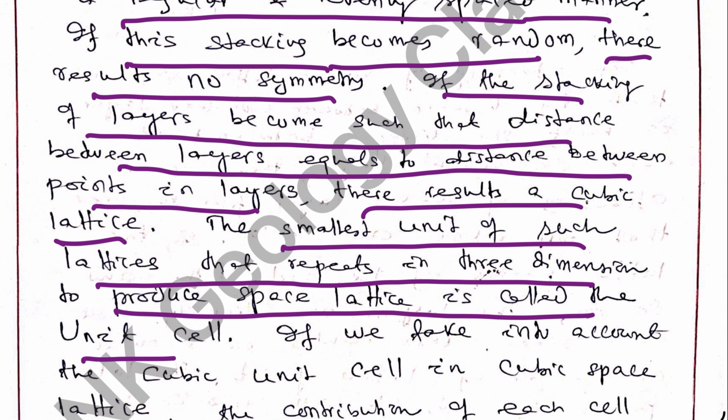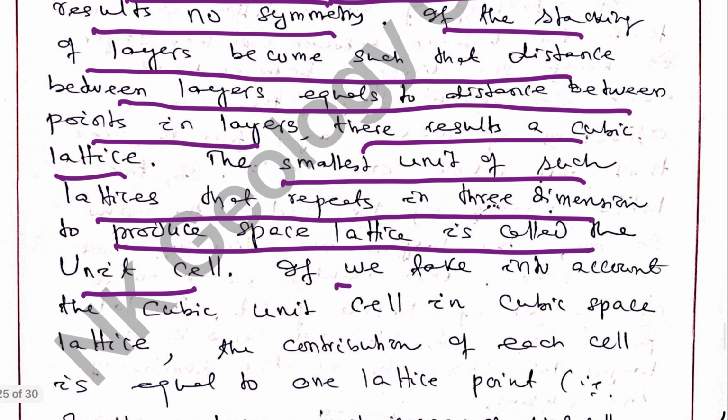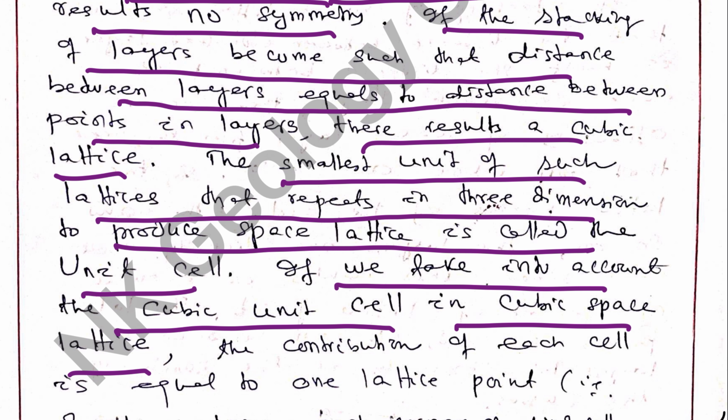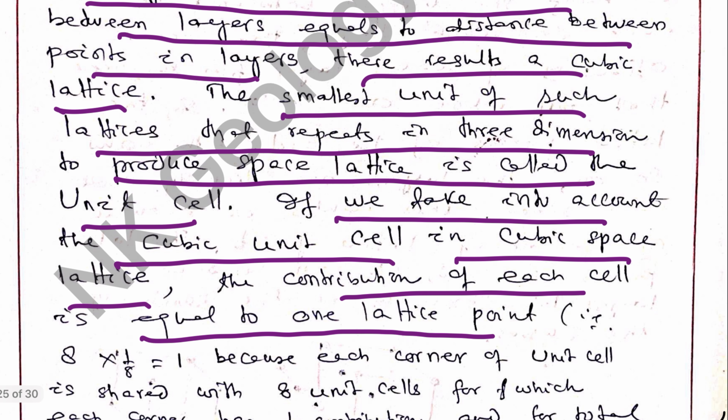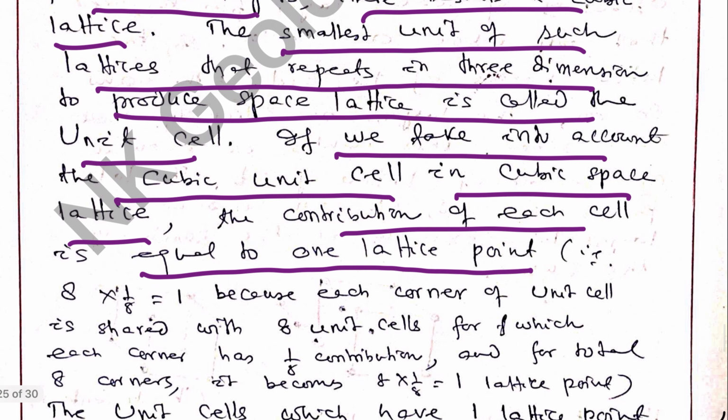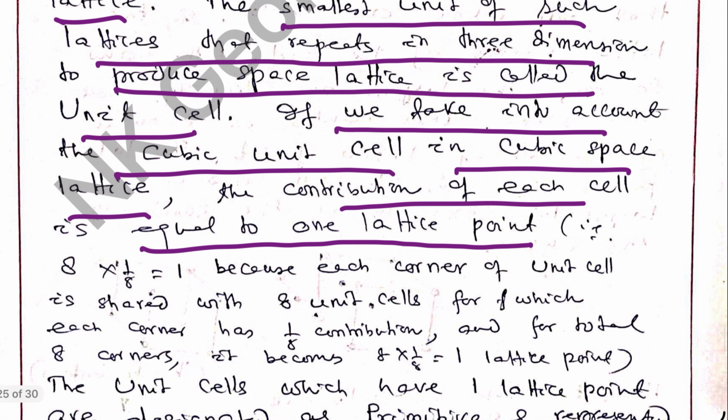The smallest unit of such a lattice that repeats in 3 dimensions to produce the space lattice is called the unit cell. If we take the cubic unit cell in a cubic space lattice, the contribution of each cell is equal to 1 lattice point, because this is a cubic unit cell. At this point we can imagine 3 others united.